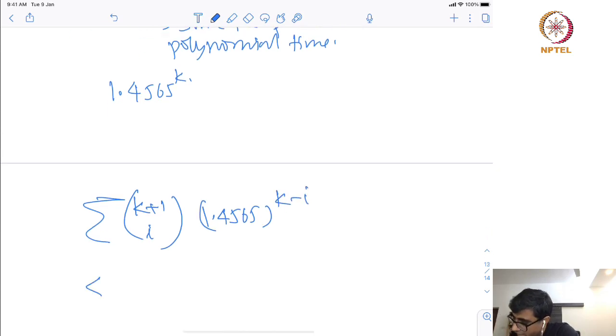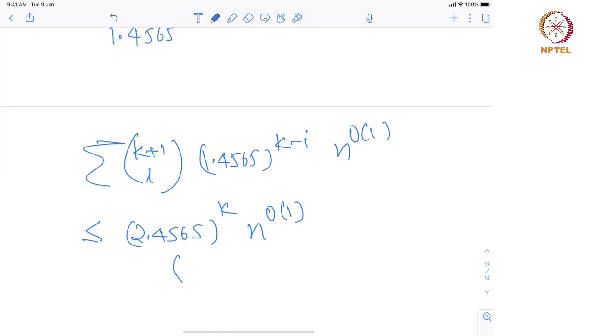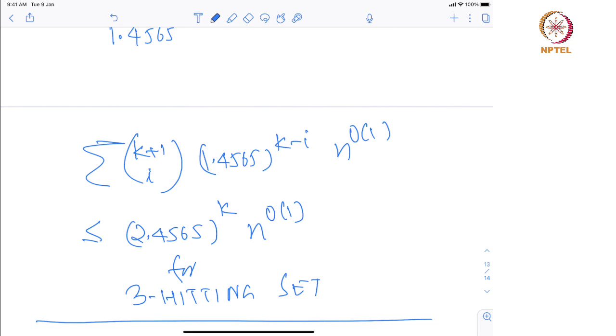And if you do the computation as we have done before, we have got an algorithm with running time roughly n to the power big O of 1 for 3-hitting set. Right. So we have got such an algorithm.